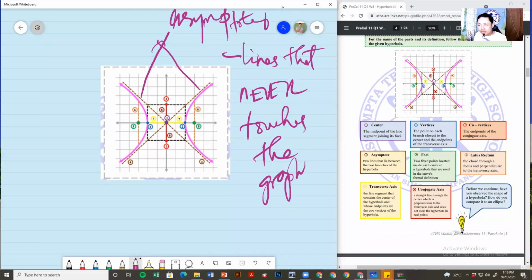So the asymptote also serves as a barrier, as a fence, a boundary that tells you do not go beyond this line, because that's the role of the asymptote, and that is to guide the movement of the curve not to pass beyond that line. Okay, so these 2 broken lines are called the asymptotes.